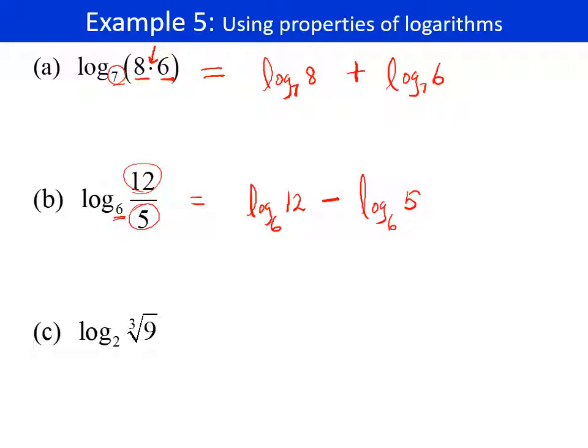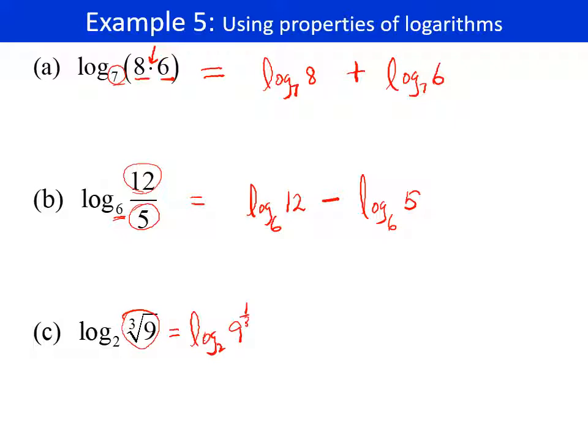The final property of exponents says when we have something with an exponent raised to an exponent, we multiply exponents. So first thing we're going to do is rewrite this as 9 to the 1/3 power.